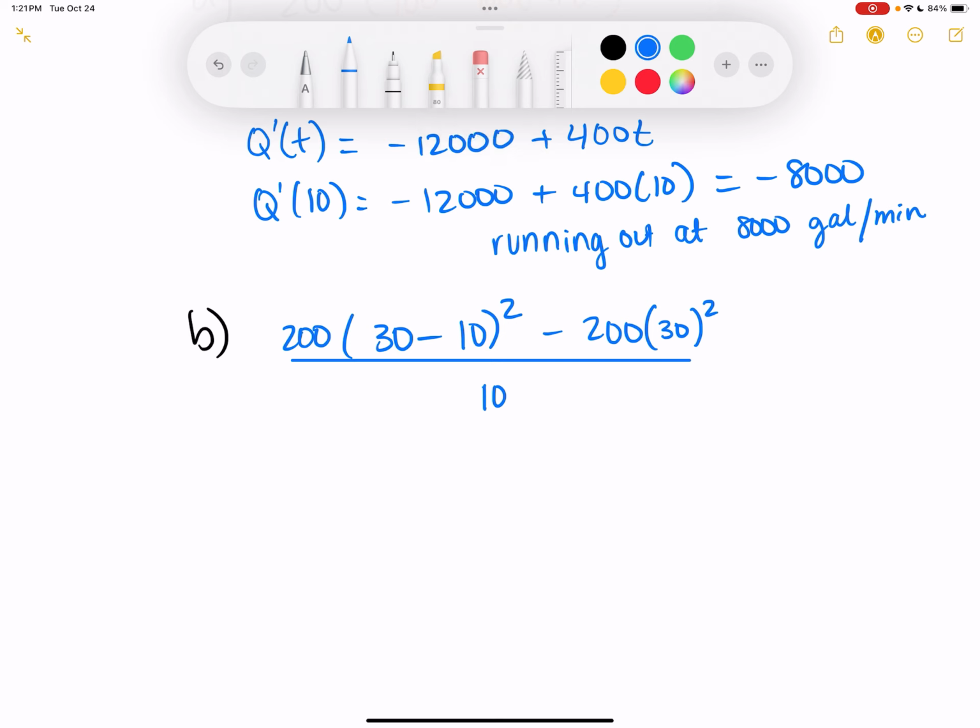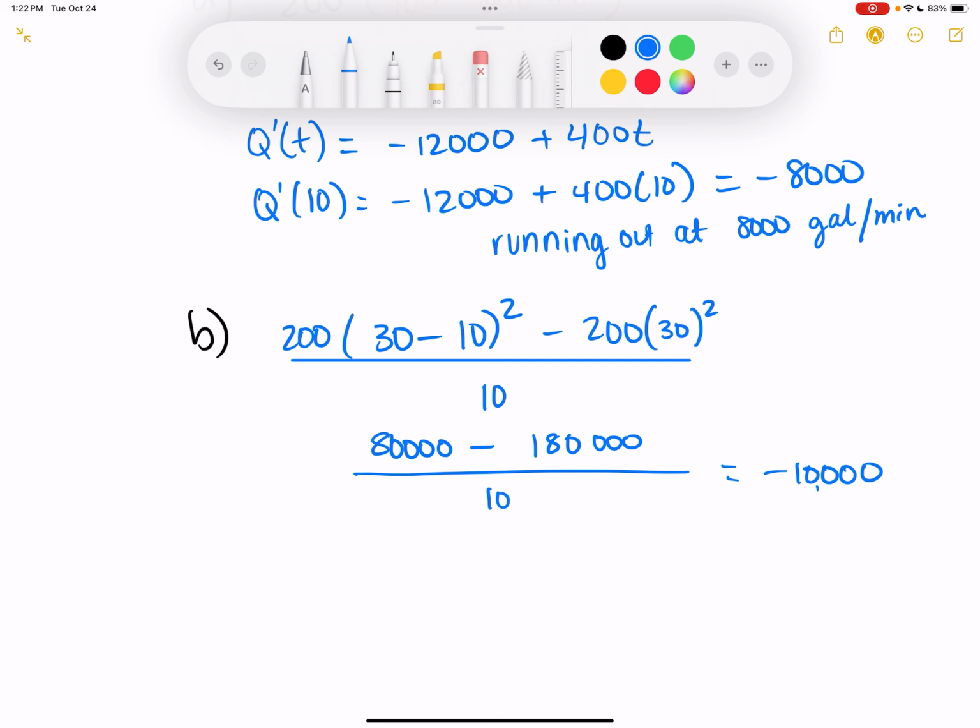So now we have 200 times 20 squared, which is 80,000, minus 200 times 30 squared, which is 180,000, divided by 10. So that's 80,000 minus 180,000 divided by 10, which is going to be negative 10,000.